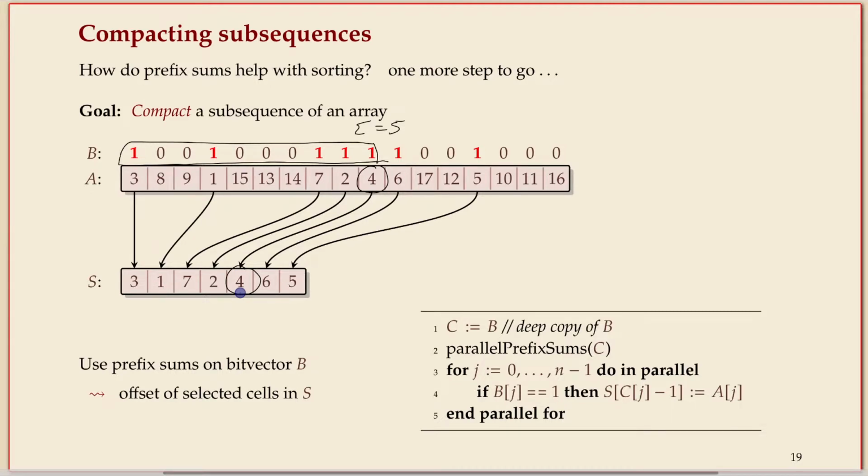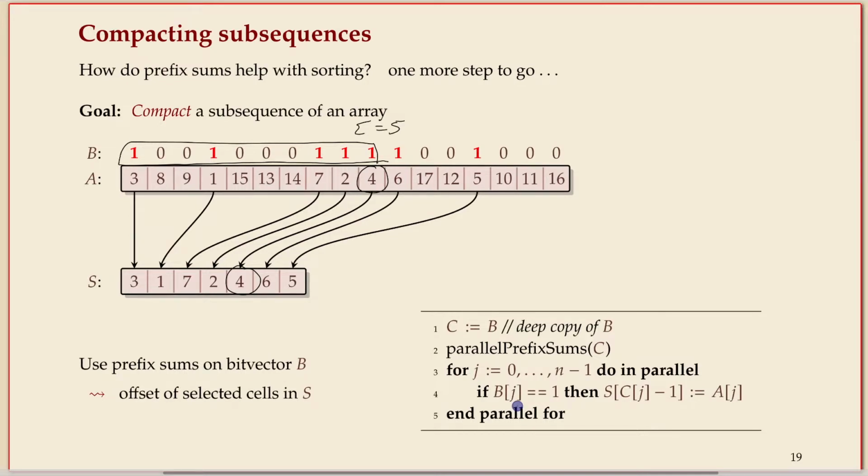So you can put this into code by this little algorithm. You have this b given as an array. We copy that out because we need b and we need to mess with it. So we copy it into C and compute the parallel prefix sums there. We're using one of the lovely algorithms you've just learned. And then we can do the following in parallel.